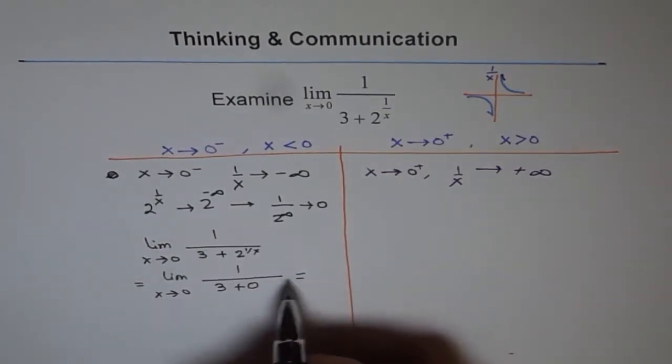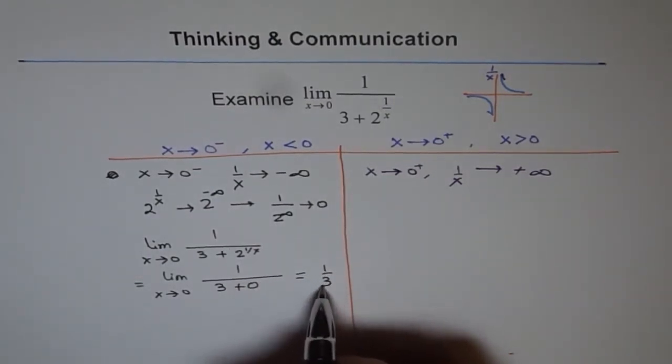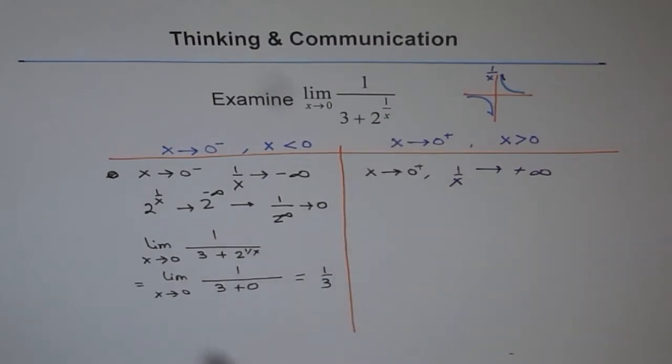And that is 1 over 3. Is that okay? So the limit on the left hand side, when we are approaching x from the minus side, we get the limit 1 over 3. So that's our answer for the left side limit, correct?